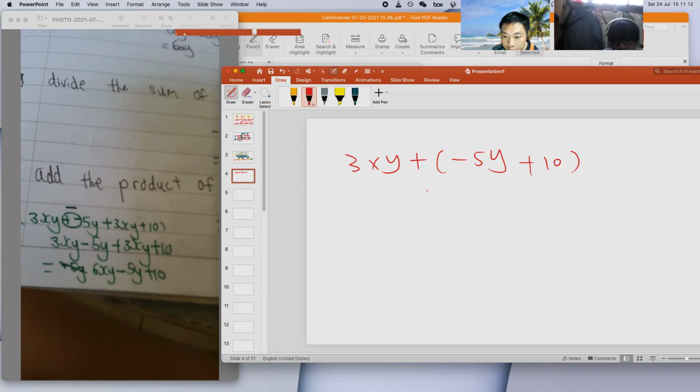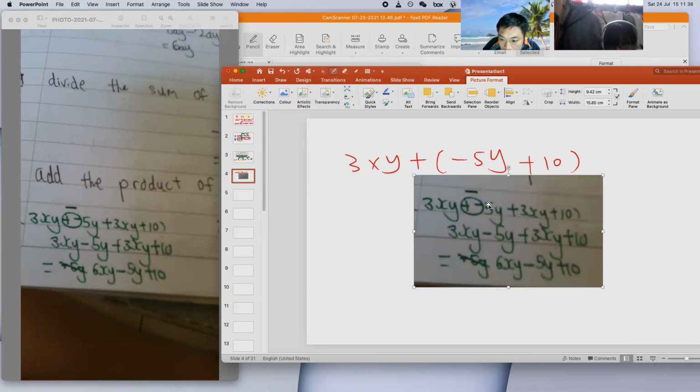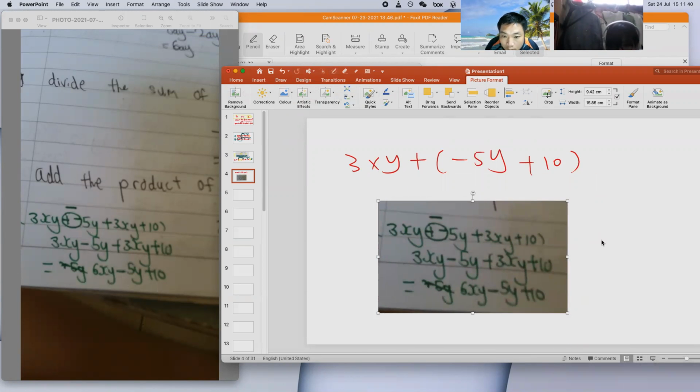Do you think your opening of bracket is correct or not? Do you think your this is correct? No. Why not? What you have done that makes it not correct?